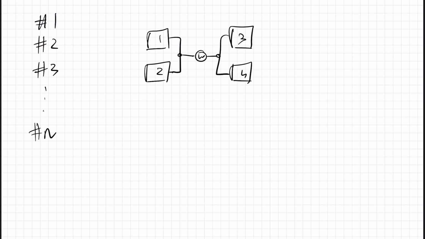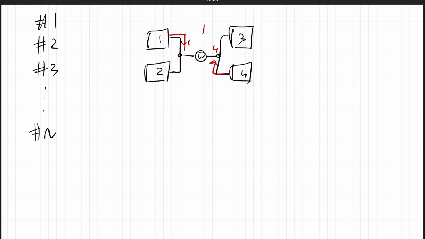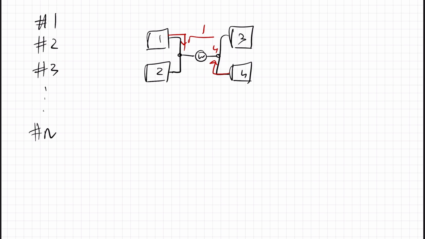So let's just say 4 makes it here, 1 makes it here, and then let's say 1 wins overall.